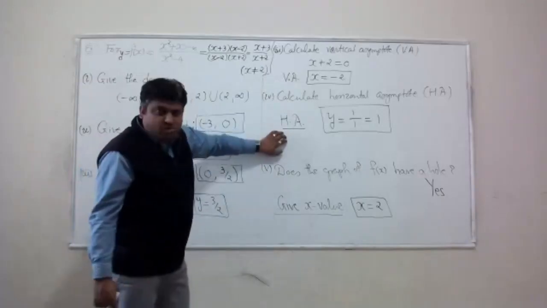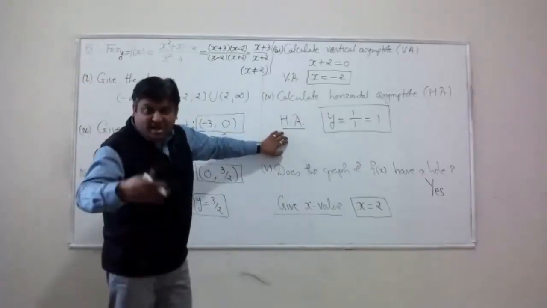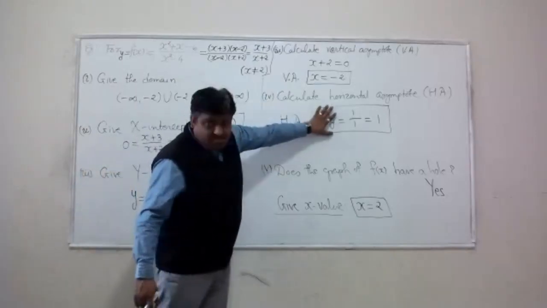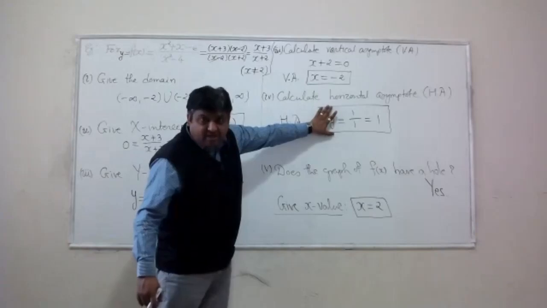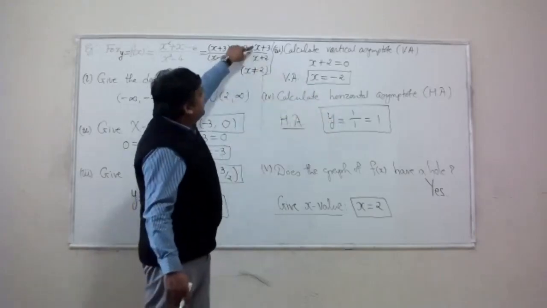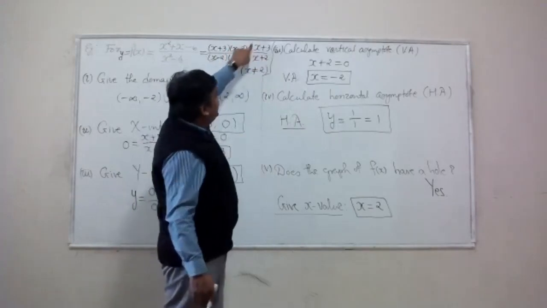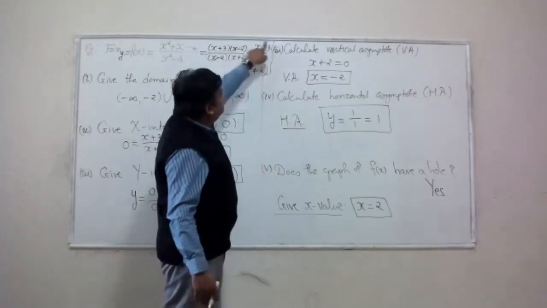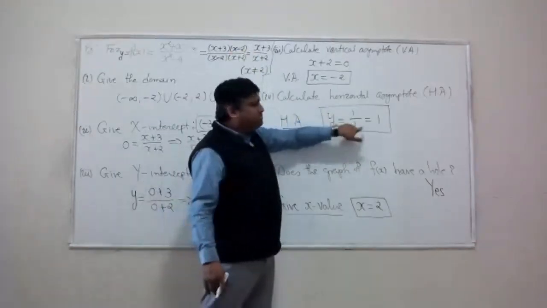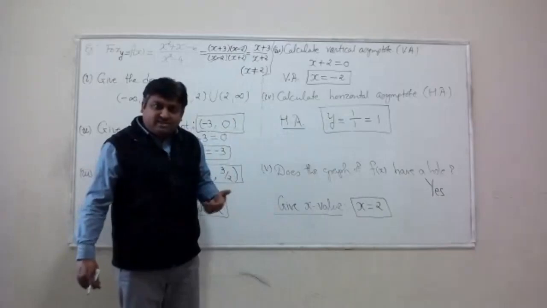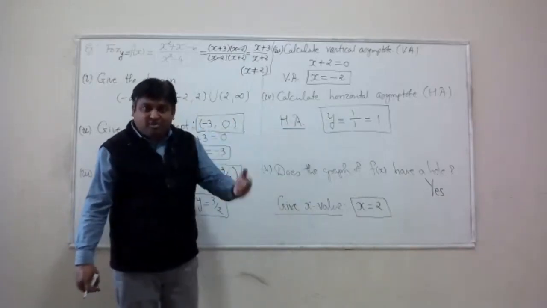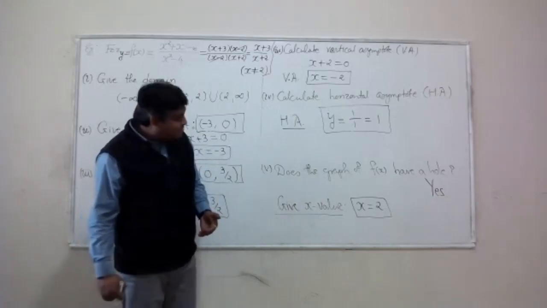What does the horizontal asymptote represent? Remember the idea of limit at infinity? Limit at infinity is really related to the horizontal asymptote. Look, this is a polynomial of equal degree. What is the limit as x goes to infinity of the ratio of these two polynomials? Well, it's going to be the ratio of the leading coefficients. So the horizontal asymptote does represent the limit at infinity for the given function. All right.